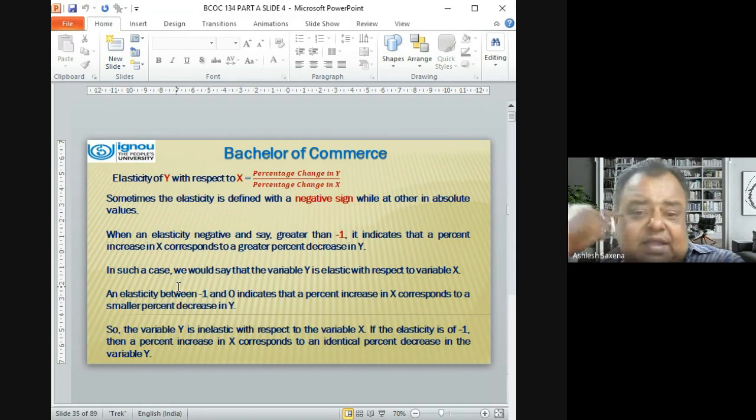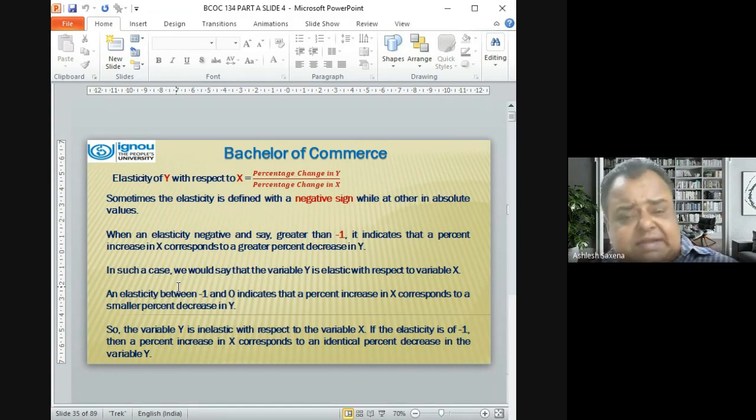When an elasticity is negative and greater than -1 in magnitude, it indicates that a percent increase in x corresponds to a greater percentage decrease in y. That means we have a negative relation. In such a case, we would say that variable y is elastic with respect to variable x.